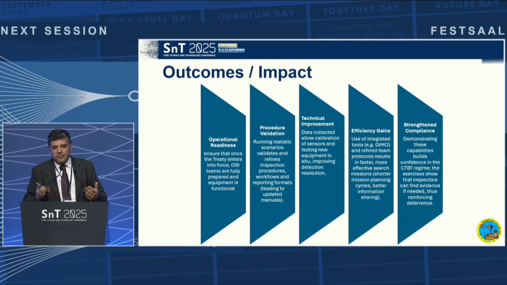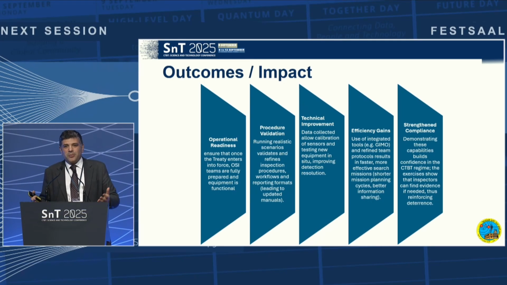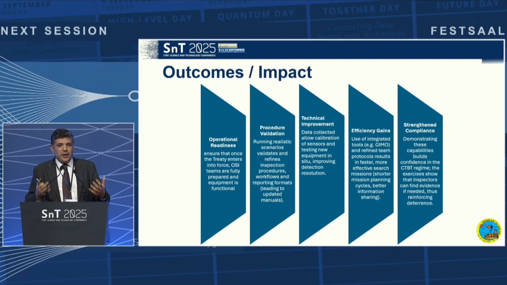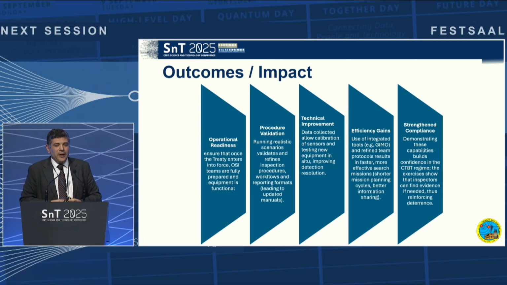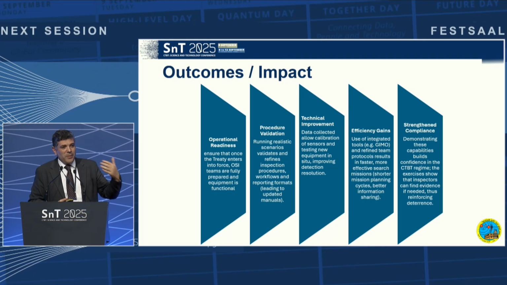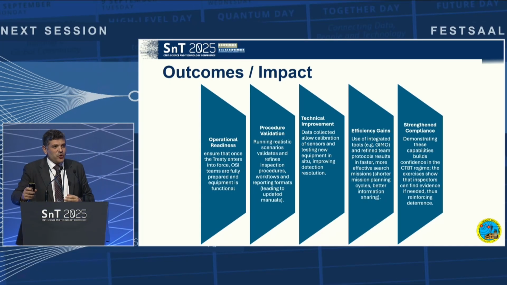Efficiency gain: I cannot find a better example than GEMO, the Geospatial Information Management System, which we are using. It's the core system that we use not only to visualize our data, but to design our missions and to drive the inspection team functionality.